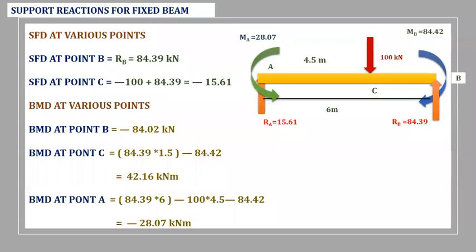At point A, there is 28. If we can balance the joint, if we get the same value with opposite direction, exactly our problem is right. If we get some 30 or 40 values, we will cross check the numerical values. So in the next class, we will draw the SFD BMD diagram.